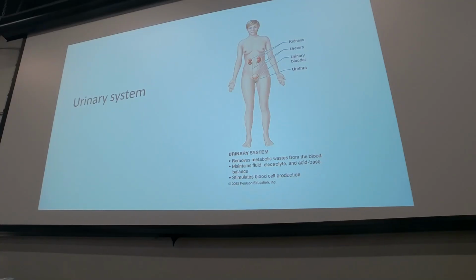Maintains fluid, electrolyte, and acid-base balance. So as you can see, just like the previous system, digestive system, it has the same functions of removing wastes, but also maintaining fluid, electrolytes, and acid-base balance. Same for the respiratory system. Maintain acid-base balance and stimulate blood cell production.